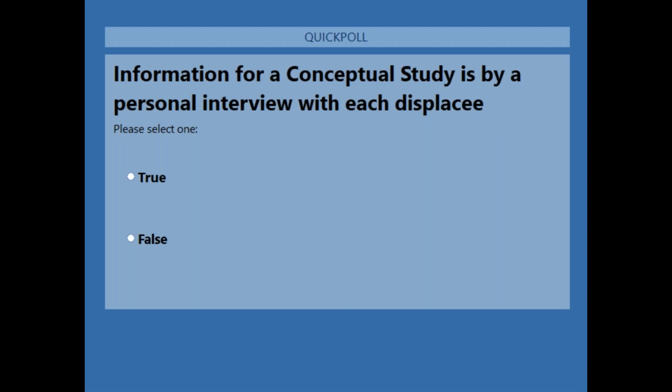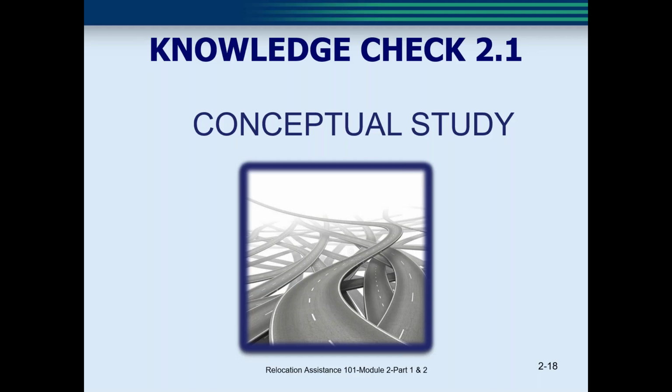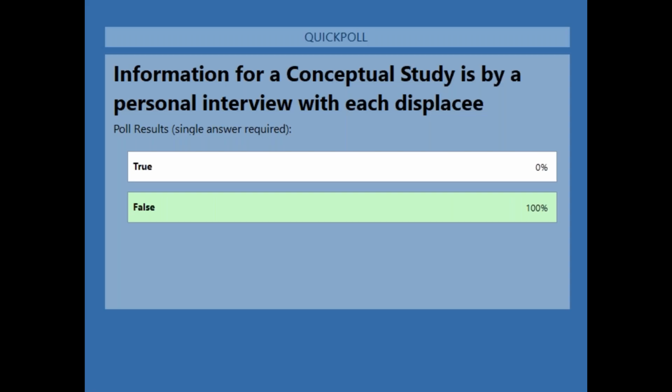Question 2 is, information for a conceptual study is obtained by a personal interview with each displacee. Is this true or false? Excellent.